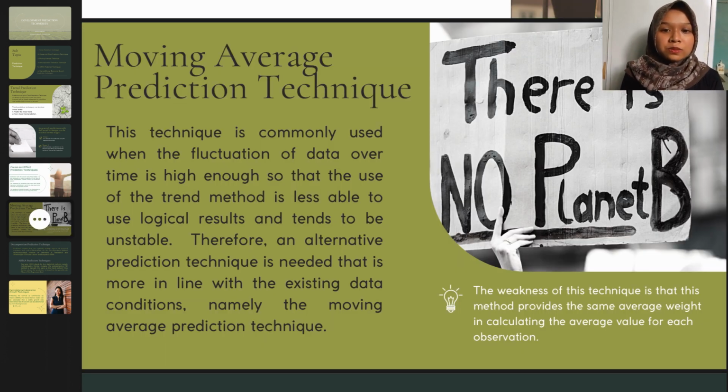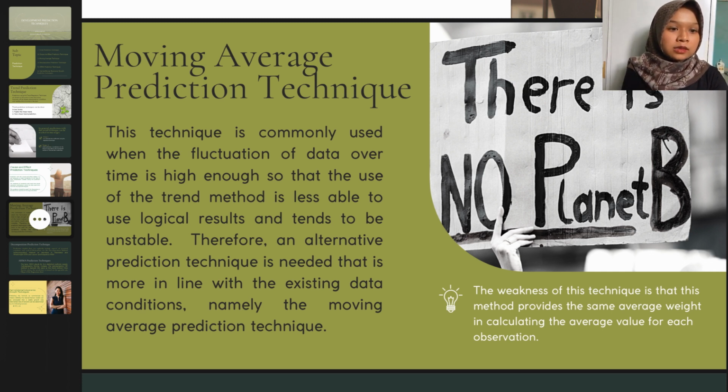Number 3 is the moving average prediction technique. In this case, the trend prediction technique and cause and effect model cannot provide convincing results. Another technique can also be used, namely the moving average method. This technique is commonly used when the fluctuation of data over time is high enough, so that the use of the trend method is less able to give logical results and trends become unstable.